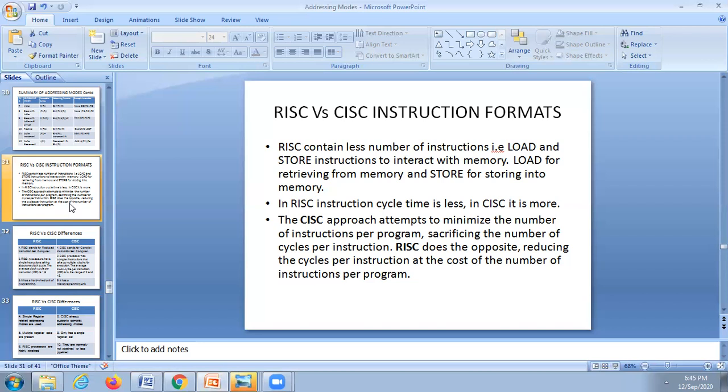Why? Because there are many instructions, and the majority of the instructions in CISC will access the memory. Many instructions will be related to memory data access.